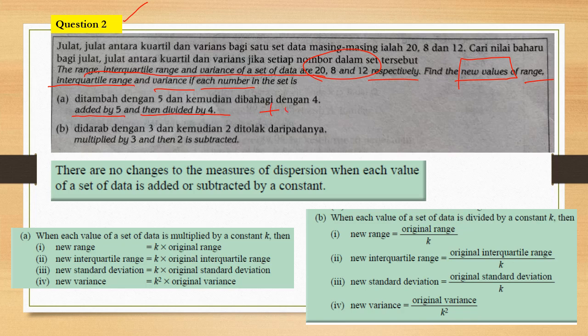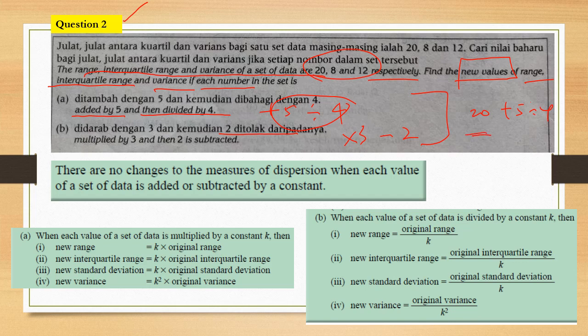Next, when it is times 3 minus 2, what happens to the new set of data? This part again, some of the students forgot. They just do it straightforwardly. That means they take 20, plus 5 and then divide by 4, for the new range, but they got it wrong.